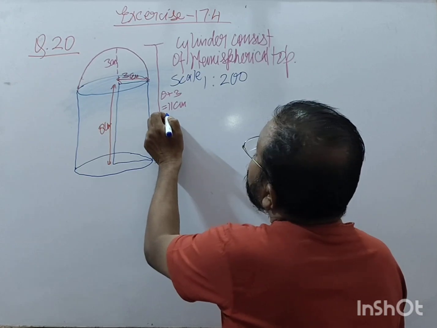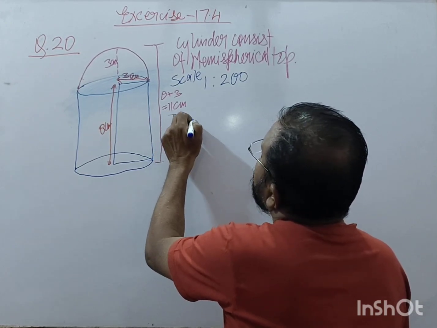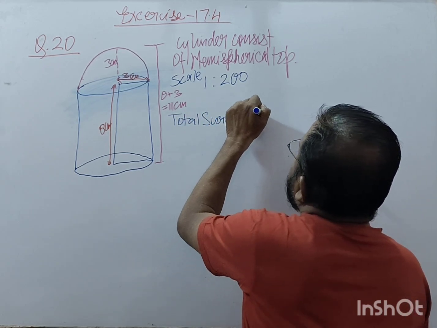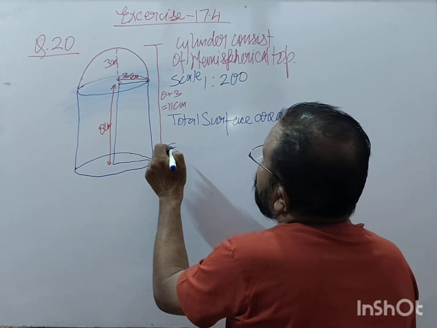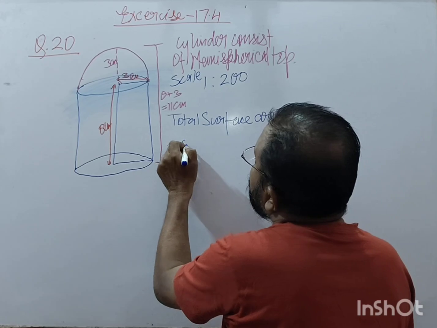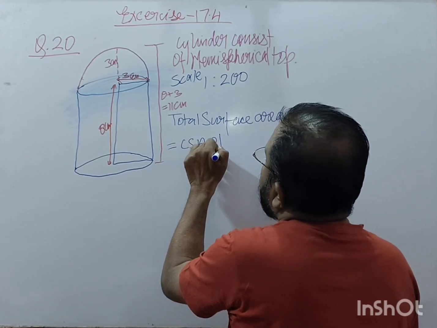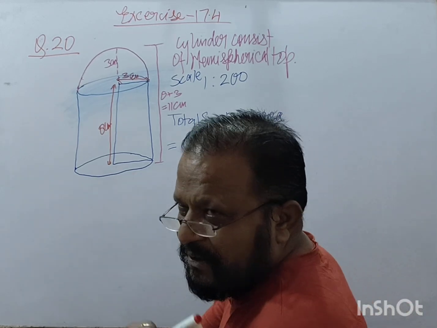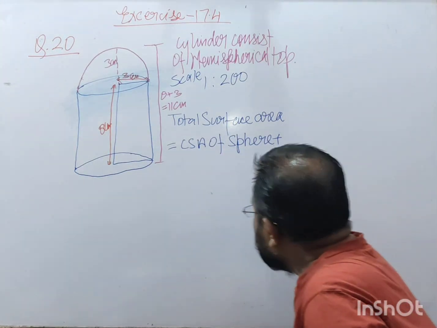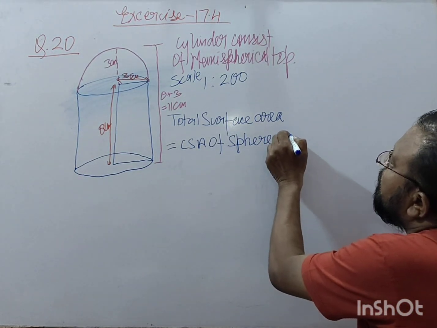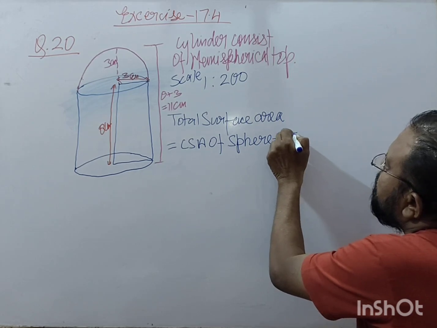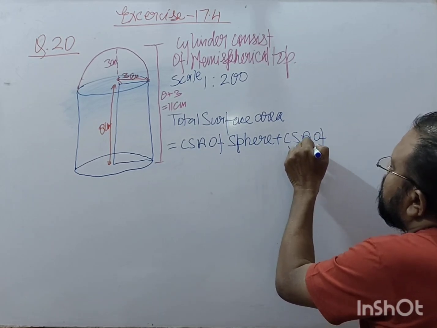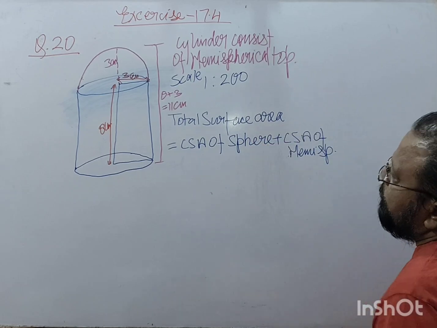Total surface area is equal to the CSA of the cylinder plus the CSA of the hemisphere.